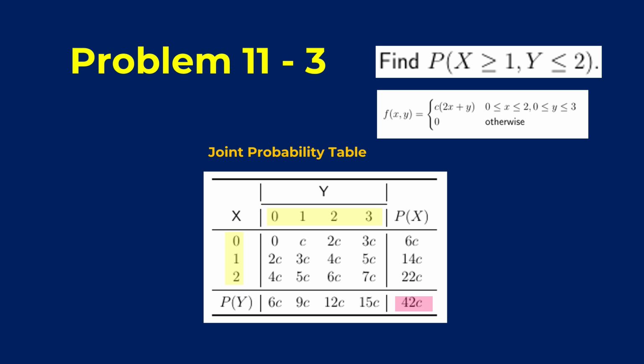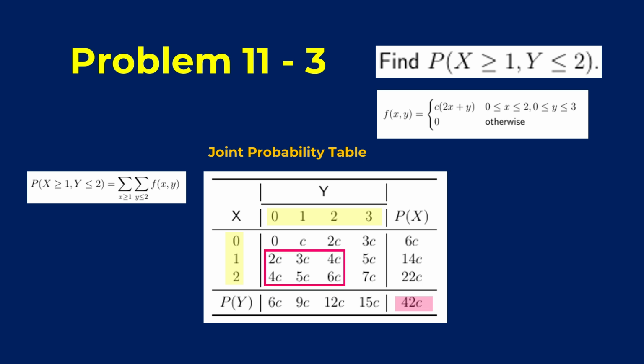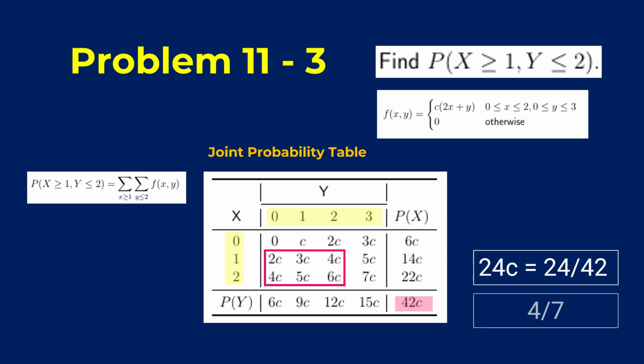This is our joint probability table, and we also know that in order to find the joint probability, all we need is to sum the values when x is greater than or equal to 1 and y is smaller than or equal to 2. So if we look at our joint probability table, these are the values that we need to sum, and if we sum them together we get 24c, and when we plug in the value of c, which is 1 by 42, we get our answer, which is 4 by 7.